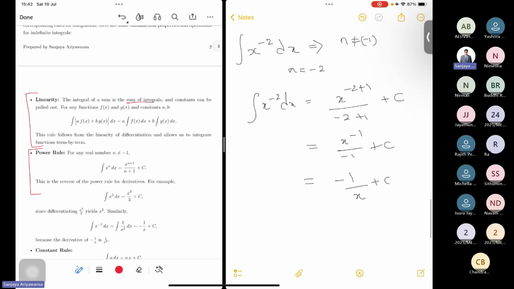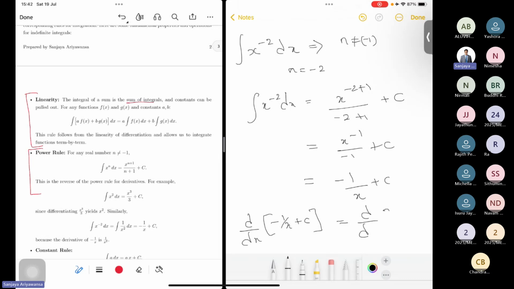Right? And just to check whether what I have done is correct, I would differentiate what I have got here. And if I were to differentiate the constant, again 0. Minus 1 over x, if I were to differentiate, this is differentiating minus x to the power minus 1.